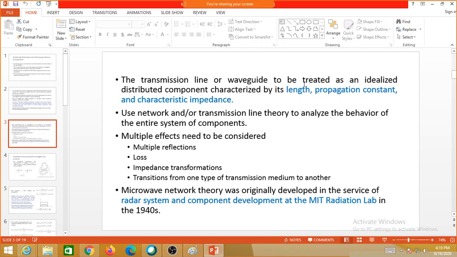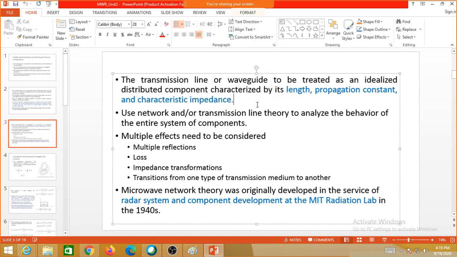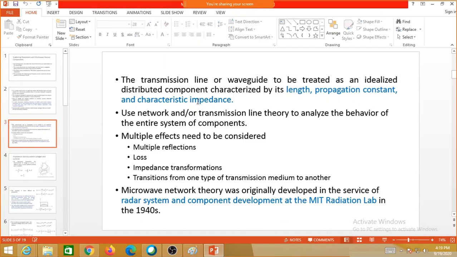Another very important parameter is the characteristic impedance, which gives the impedance of a line at a particular point, or for a waveguide, a particular mode will have a characteristic impedance. These are all very important parameters in the analysis of transmission lines or waveguides in the higher frequency region.